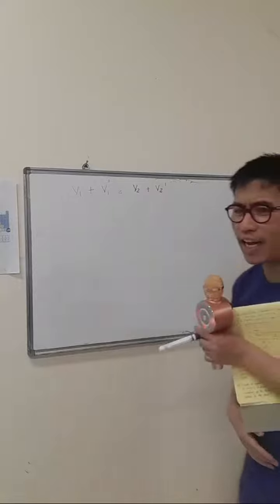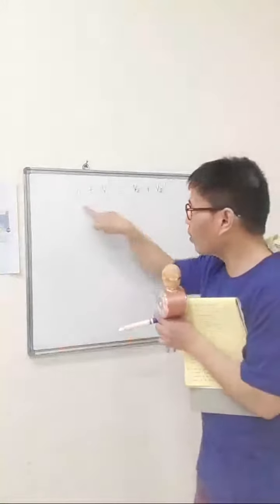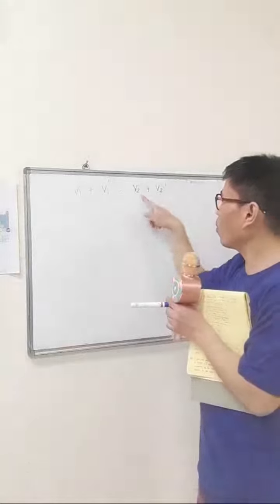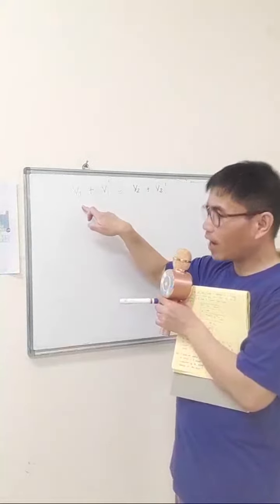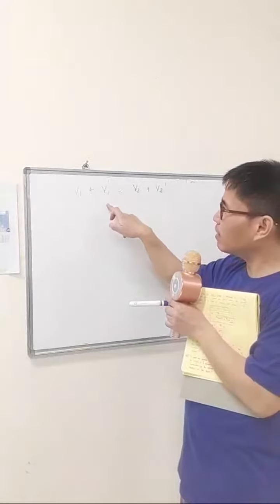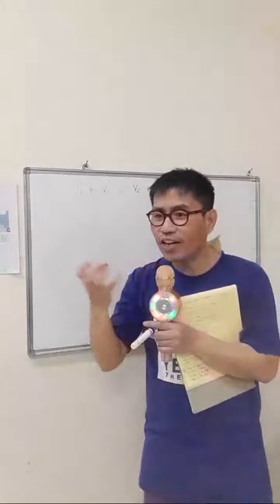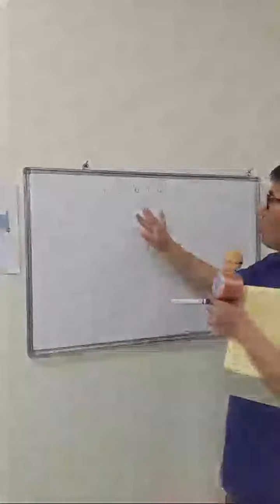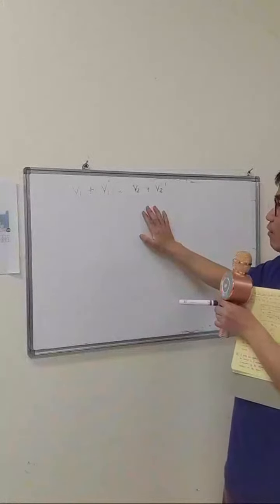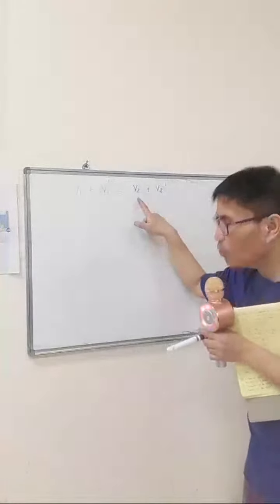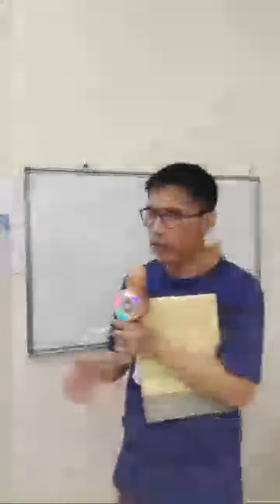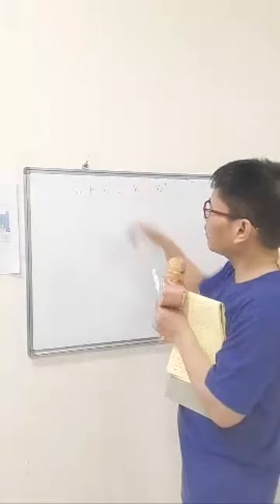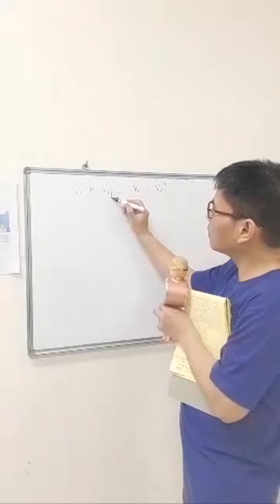You need to be particular that these are all object 1 and that is all object 2. So that you can really understand: initial velocity of object 1, v1, plus final velocity of object 1 is equal to the initial velocity of object 2, v2, plus the final velocity of object 2, v2 like this. It's like an apostrophe. If you don't want the apostrophe, just put v1f, because it's still final.